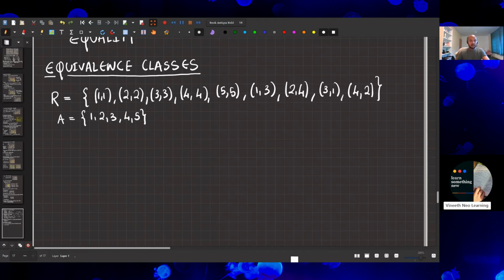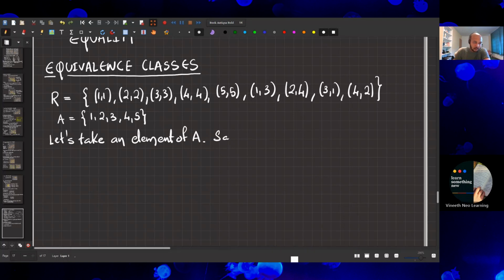Let's take an element of this set A, say 1, the first element. Let's consider the elements of A that are related to 1 under this equivalence relation.